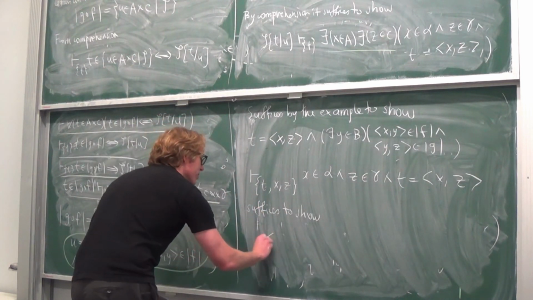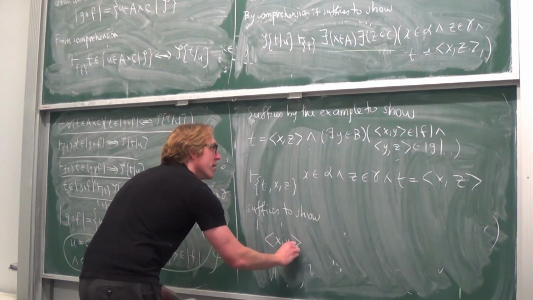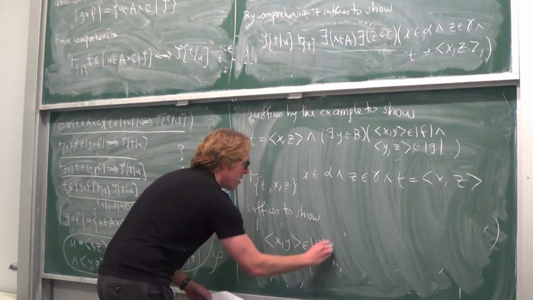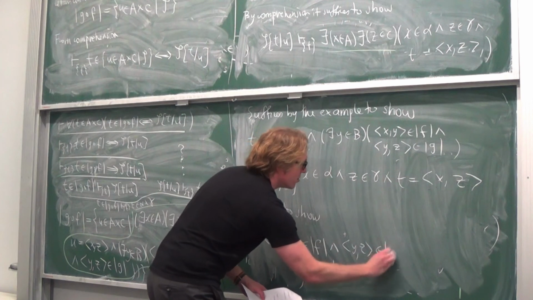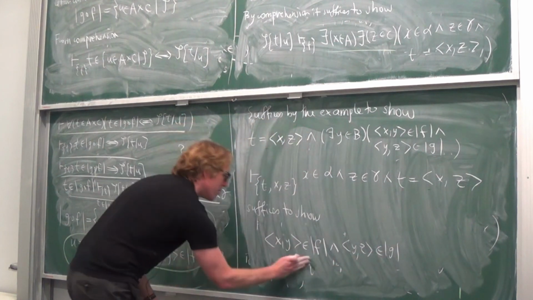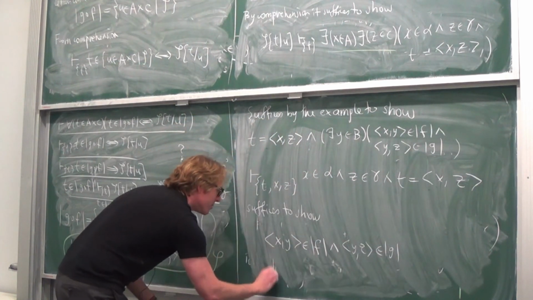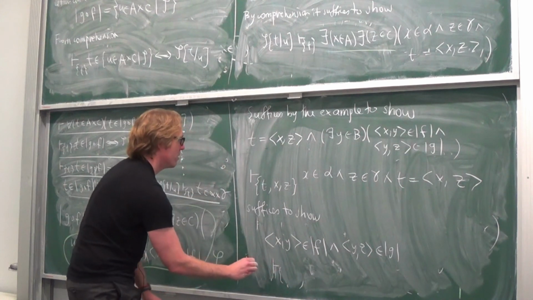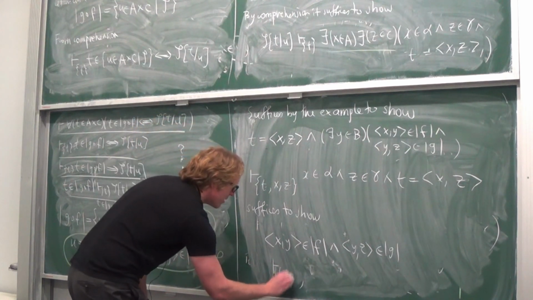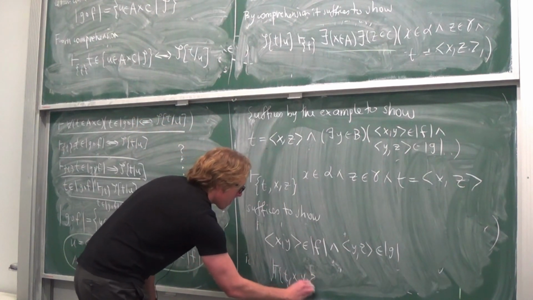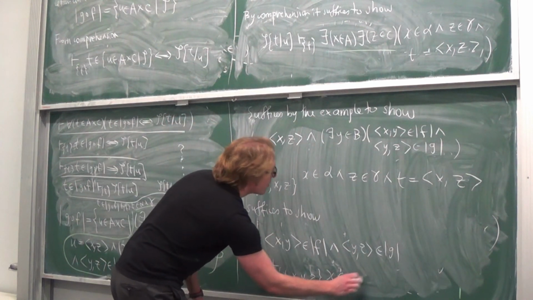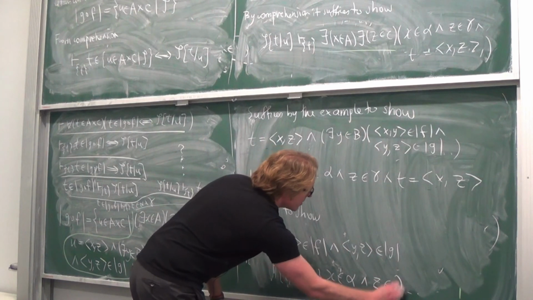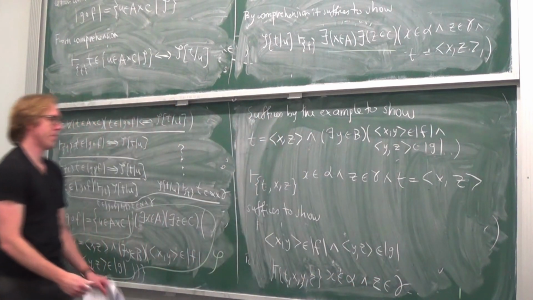So it suffices to show that x, y in f and y, z in g entails, in context t, x, y, z, that x is in alpha and z is in gamma.